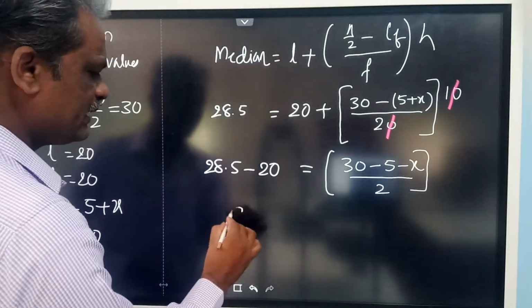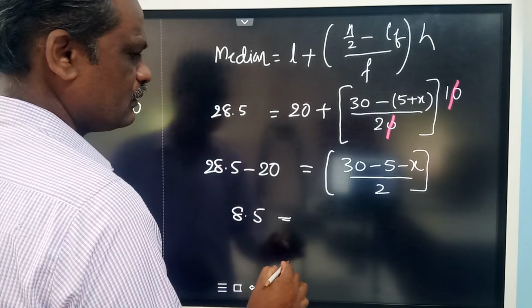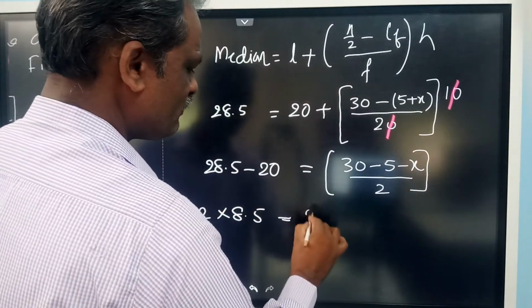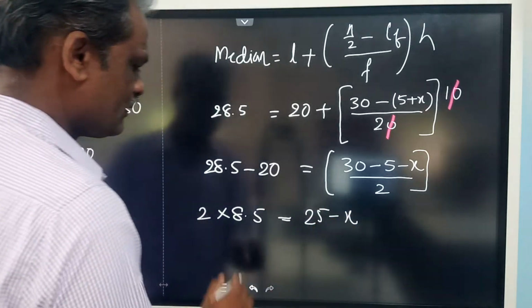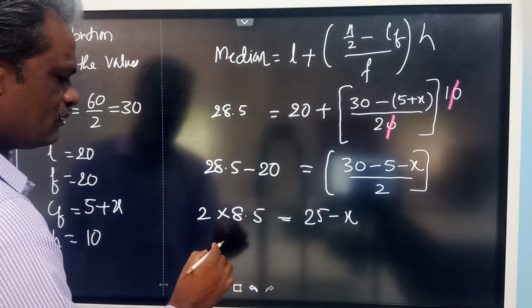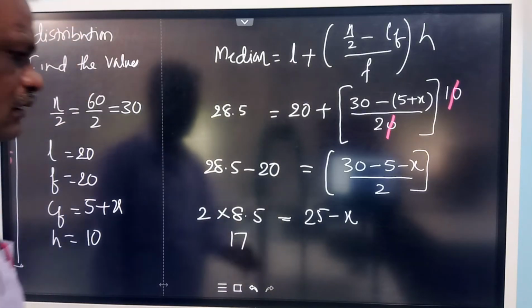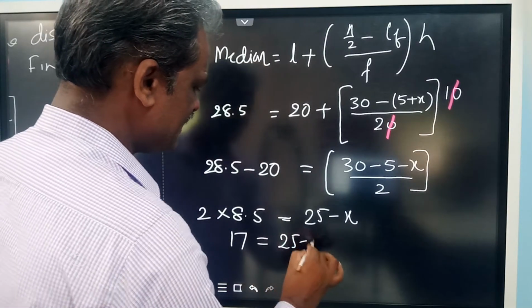So it is 8.5. Transfer this 2 to the left side, into 2. 30 minus 5 is 25 minus x. 2 5s are 10, 2 8s are 16 plus 1, 17. So 17 is equal to 25 minus x.